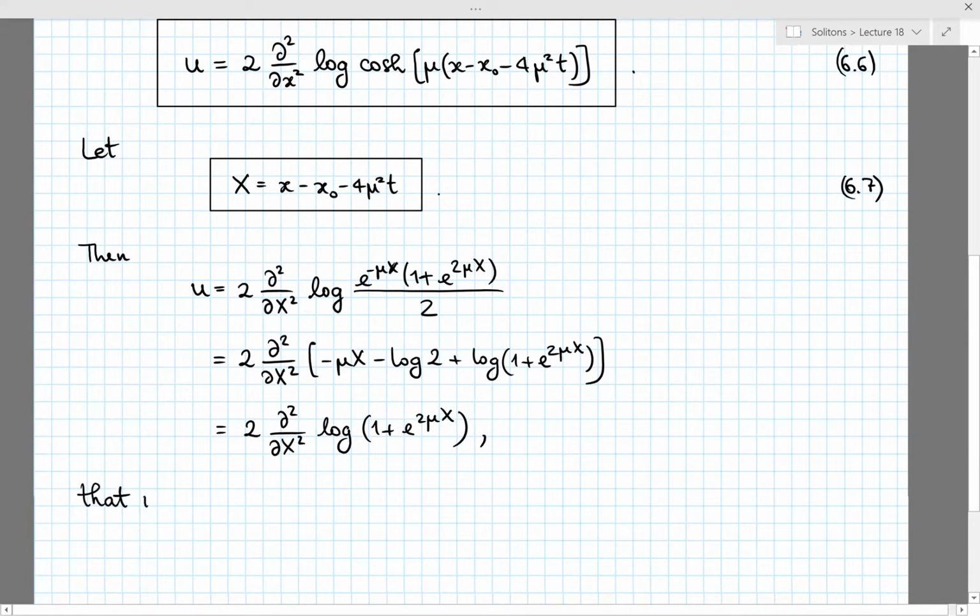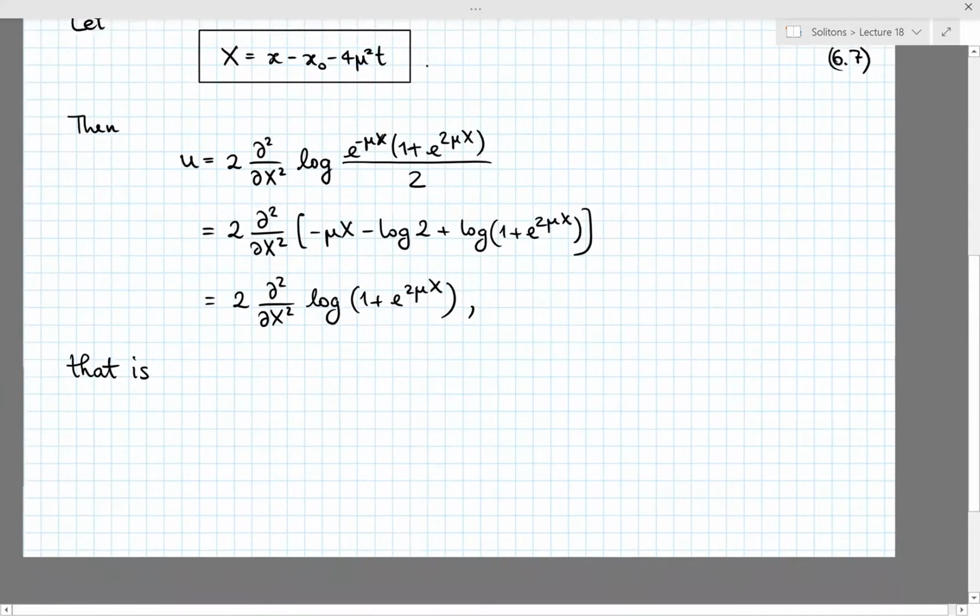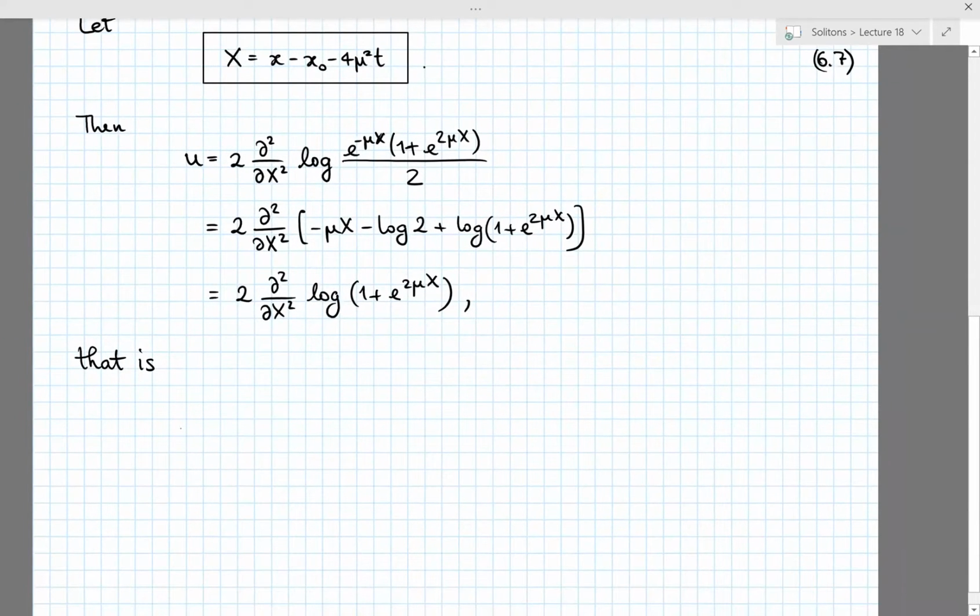which we can rewrite in terms of the original coordinates, small x and t, as follows. U of x and t is twice the second derivative with respect to x of the logarithm of 1 plus exponential of 2 mu times x minus x naught minus 4 mu squared t.